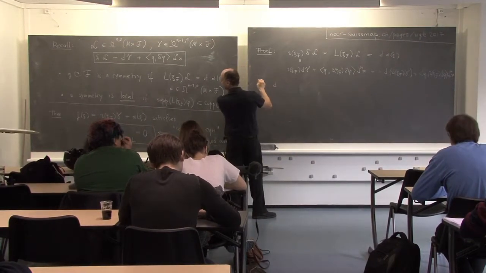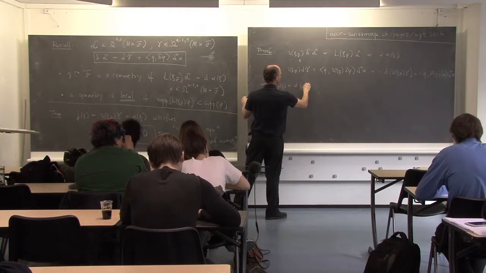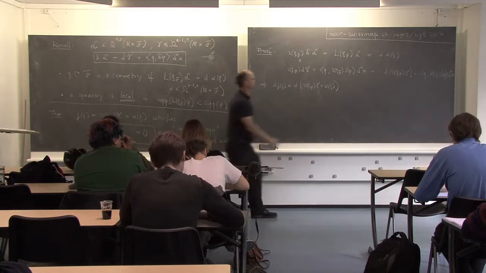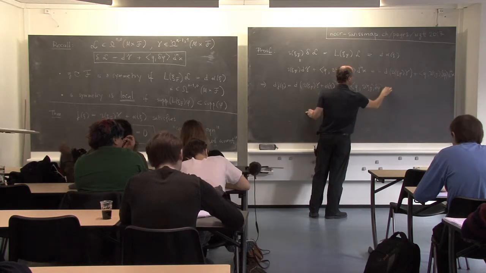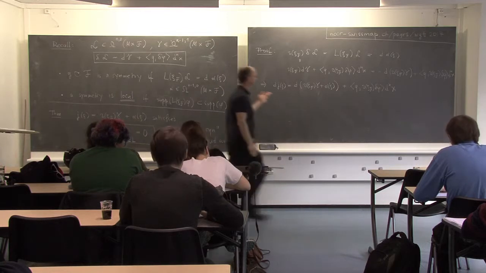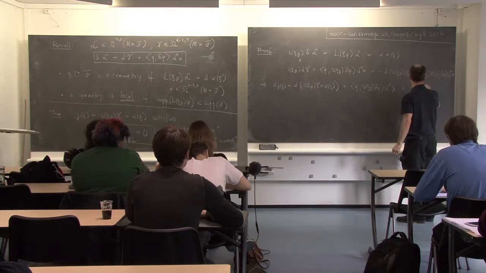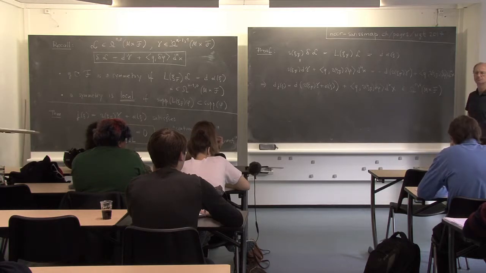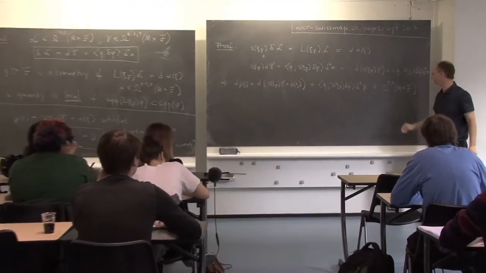And this gives us the following equation. d of j of ψ is equal to d ι_ψ_F γ plus α of ψ, plus the term with Q. And this equation is valid in Ω^{n,0}(M×F).